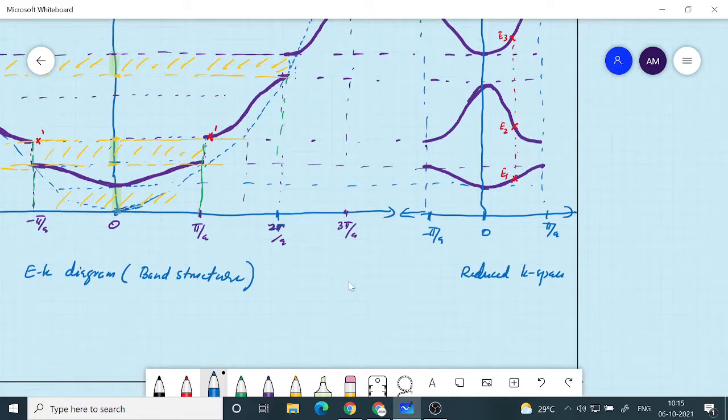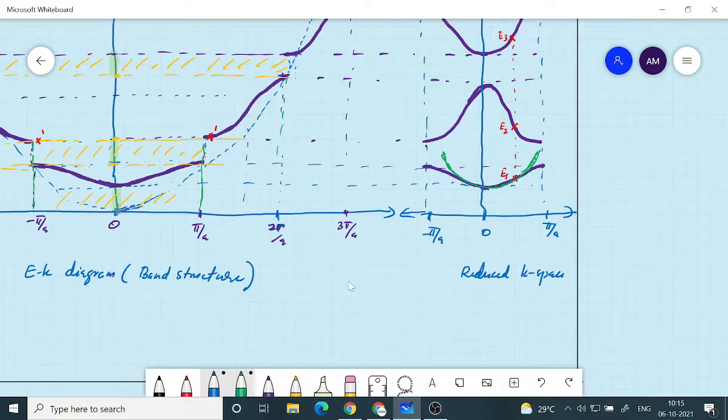Now if you look at these solutions, at the bottom part of a particular band, you can approximate it like a parabola. So I am drawing a parabola here such that it matches well with the bottom part, but then it deviates as you go to high k values.